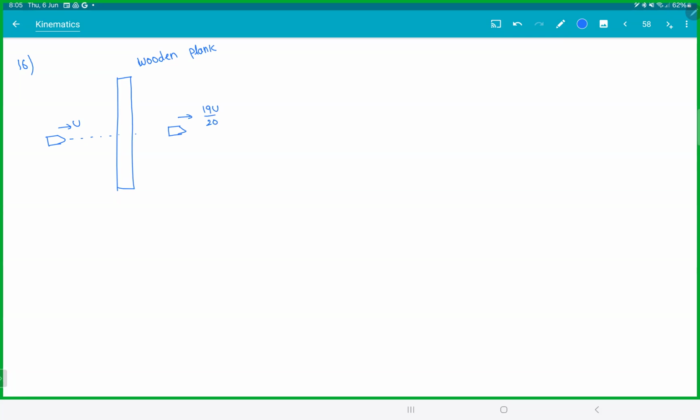Try. So the question is, a bullet enters and leaves the plank, losing 1 by 20th of its speed.